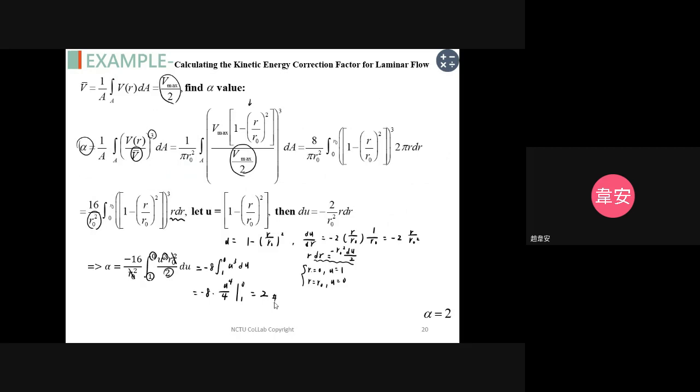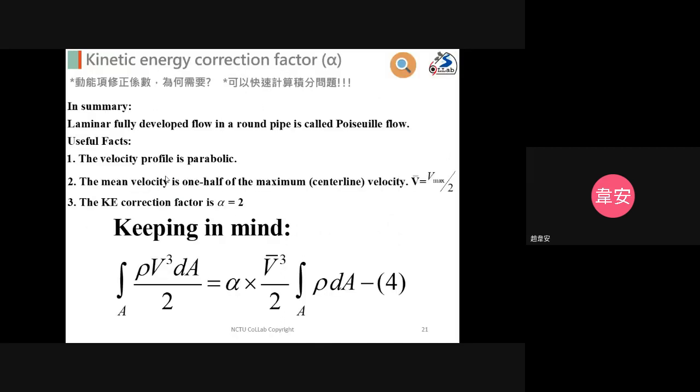So for many problems we can directly compute the alpha value by ourselves. And if we already have the alpha value, we can easily compute the complicated integration of the original velocity integration problems. So that is our equation 4. The idea is that initially the integration problem for the velocities, if not uniform flow, is too complicated to deal with.